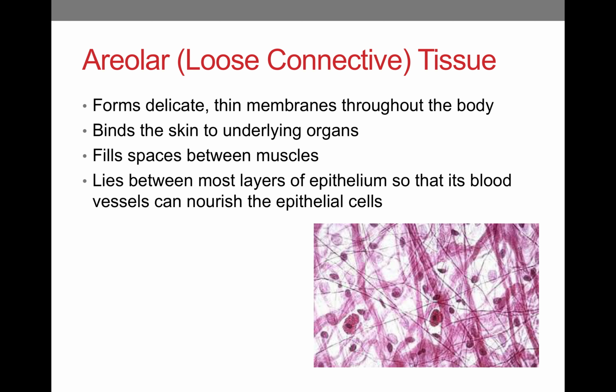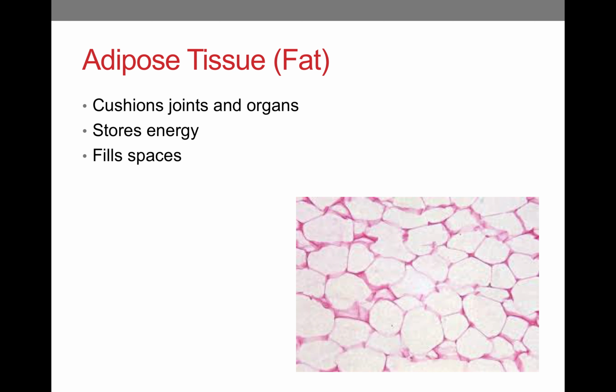It'll fill gaps between muscles, and it's also what lies between most of the epithelium and the rest of the body. So when we talked about the epithelial having an underlying connective tissue in order to nourish it, we're talking most of the time about loose connective tissue or areolar connective tissue.